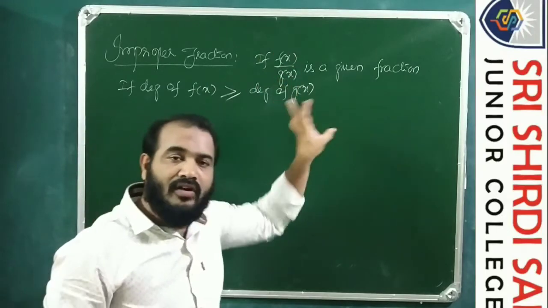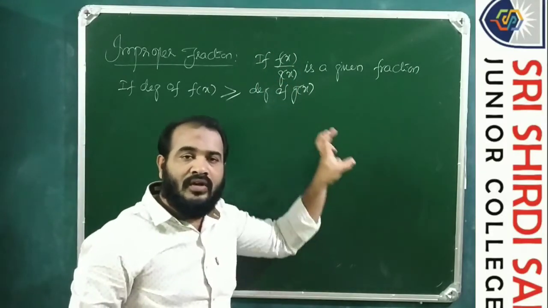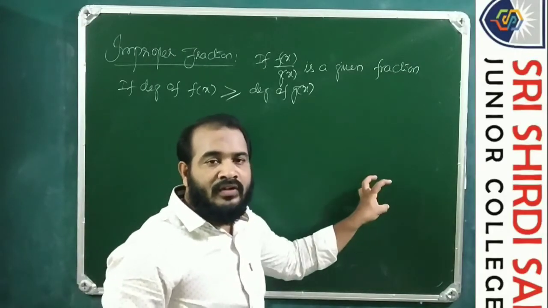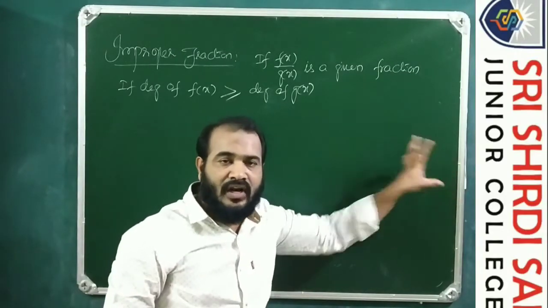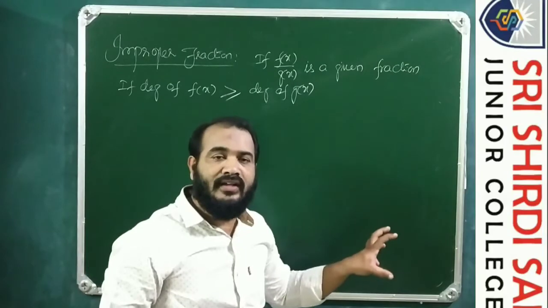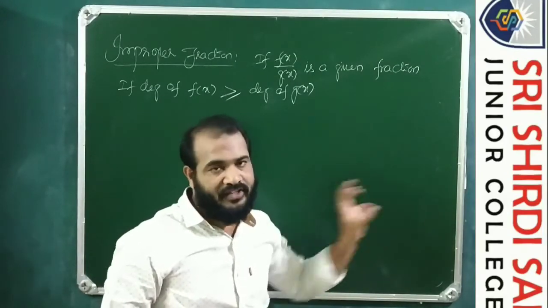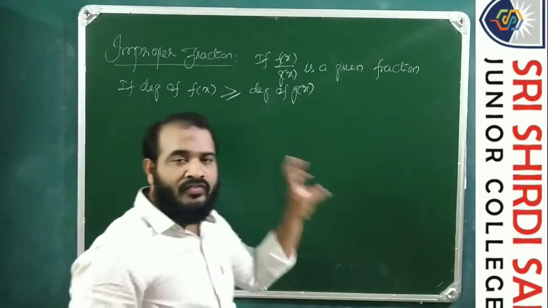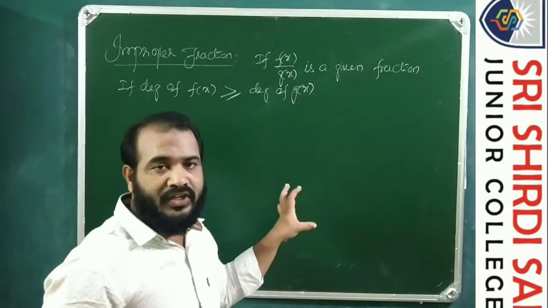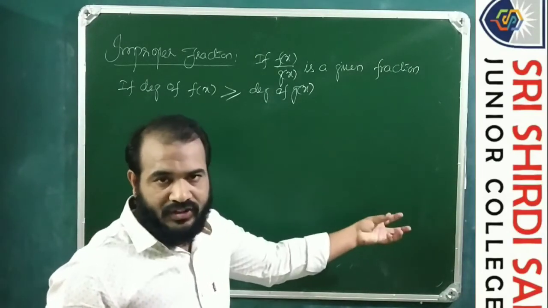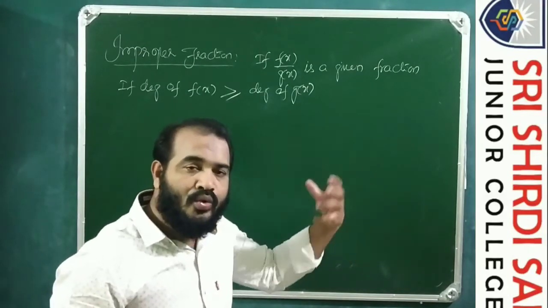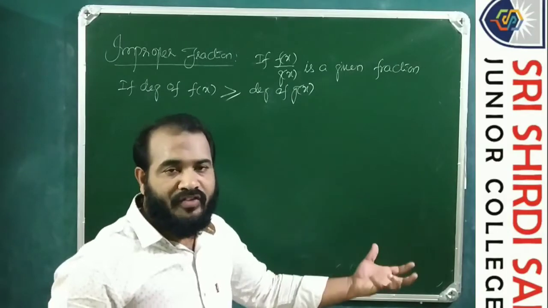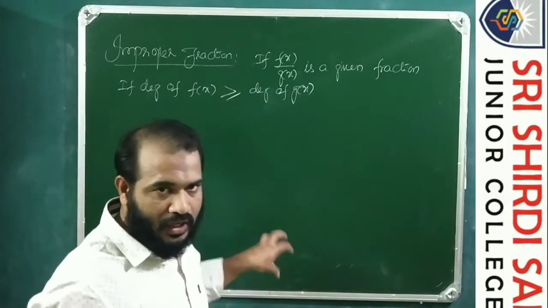So far we have learned the methods to resolve a given proper fraction into a sum of partial proper fractions, and this process is nothing but resolving into partial fractions. Now, how do we resolve a given improper fraction into a proper fraction, and then resolve it through the process of partial fractions? That is what we are going to learn now.